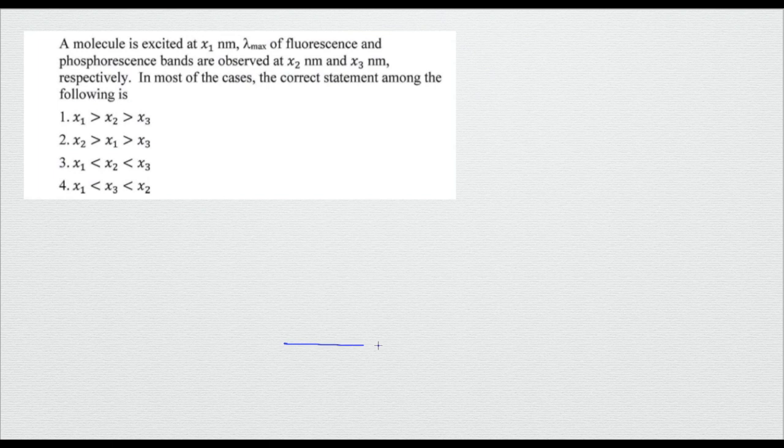In the Jablonski diagram, let's say this is our ground state. We excite our electron to a particular higher energy state. Now these are all singlet states. This electron will come to the S1 state, that is the lowest singlet excited state, and then it jumps from there to the ground state, and this particular process is called fluorescence, right?